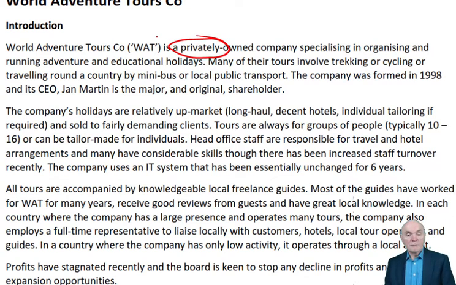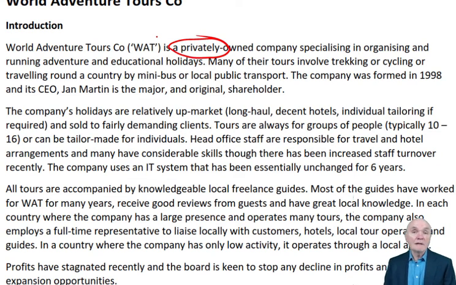Now, why would they tell you it's a privately owned company and not a listed company? Well, maybe there's something to do here with corporate governance. Maybe the corporate governance isn't so good because maybe it doesn't have to be so good. Or maybe it should be so good, but there's no way of enforcing it as with a listed company. As it happens, this case study isn't really at all about governance.